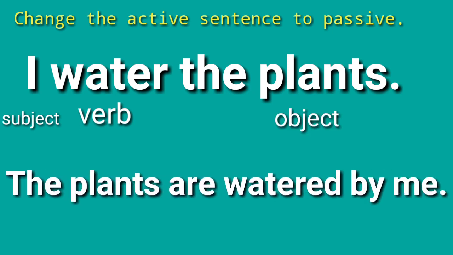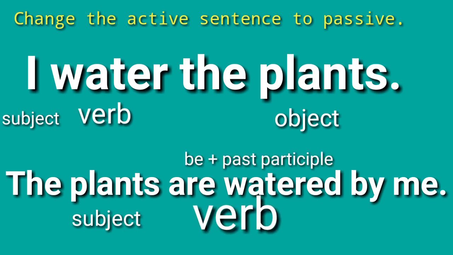So, magiging, the plants are watered by me. So, kung napapansin nyo, yung object natin in the active voice ay siya na ang naging subject natin in the passive voice. And the verb is composed of the be verb and the past participle.